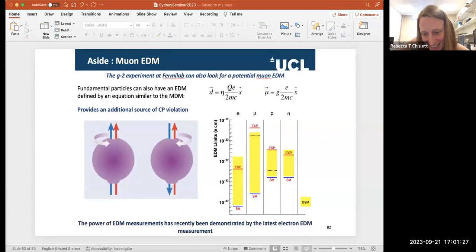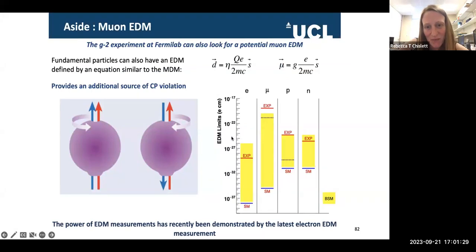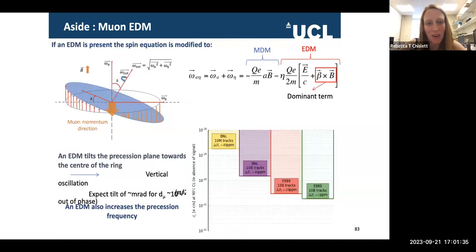Here you go. So basically, if a particle has an electric dipole moment, it adds a term to the precession frequency that you measure, but this electric dipole moment is dominated by a term that, instead of being in the direction of the magnetic field, is perpendicular to the magnetic field.